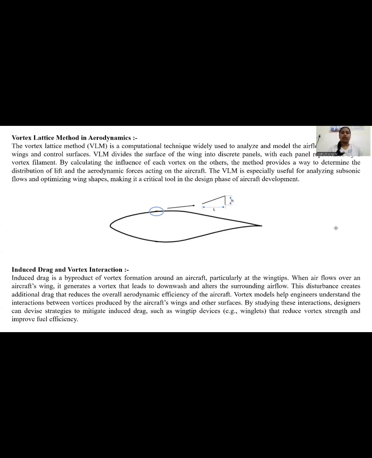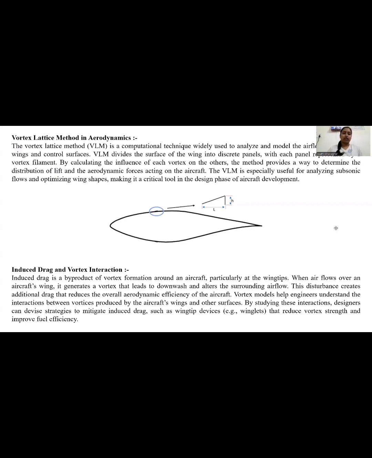By calculating the influence of each vortex on the others, the method provides a way to determine the distribution of lift and aerodynamic forces acting on an aircraft. The VLM is especially useful for analyzing subsonic flow and optimizing wing shapes, making it a critical tool in the design phase of aircraft development.